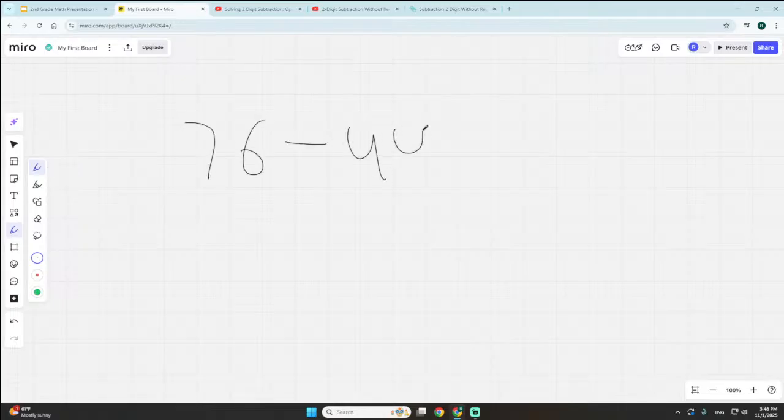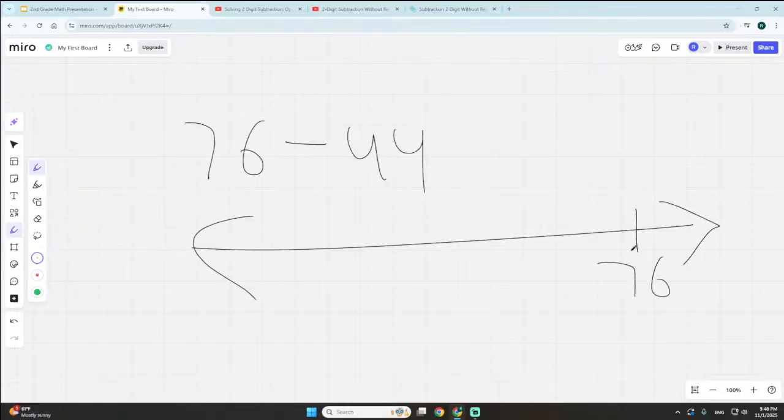76 minus 44. So we have minus 40 first. We have 4 in the tens place, and then 4 in the ones place. So let's do 4 jumps of minus 10, since we have 4 in the tens place.